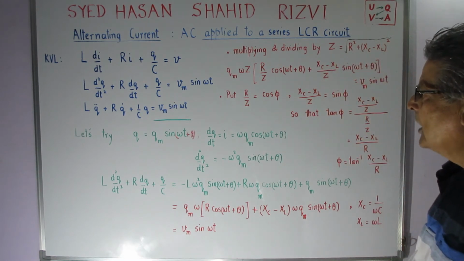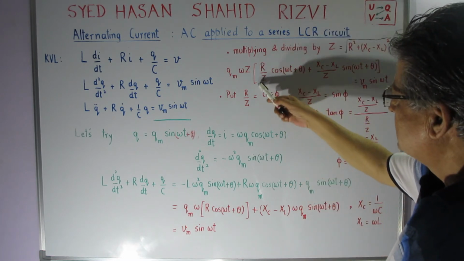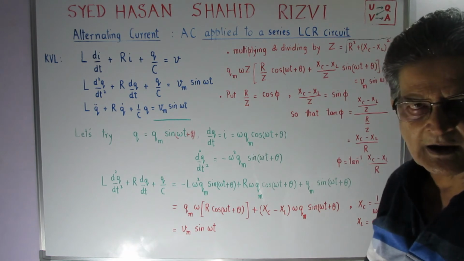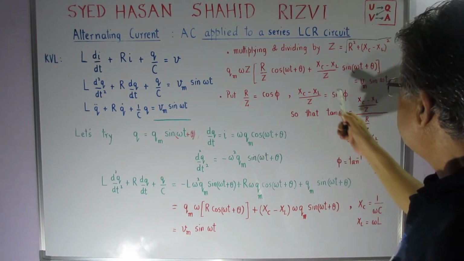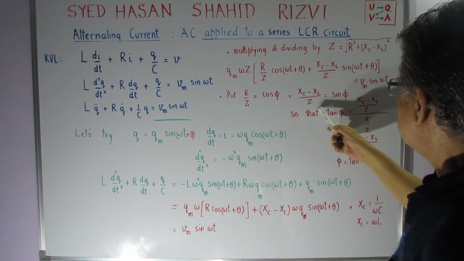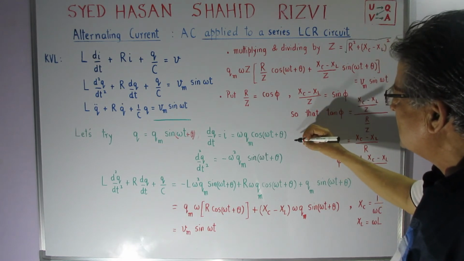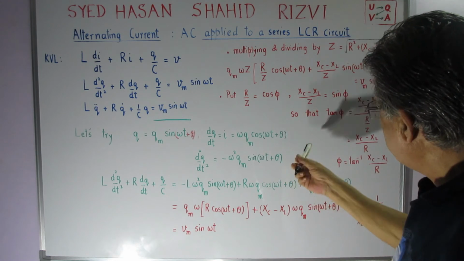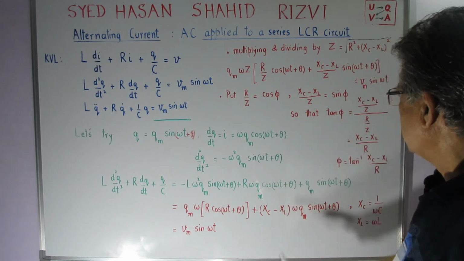Now this part I take as cos of phi, another angle, and this part here I take as sine of phi. So it is basically a value which we can get from a right angle triangle.